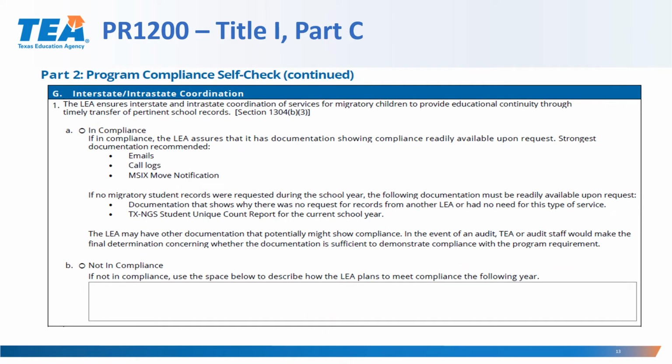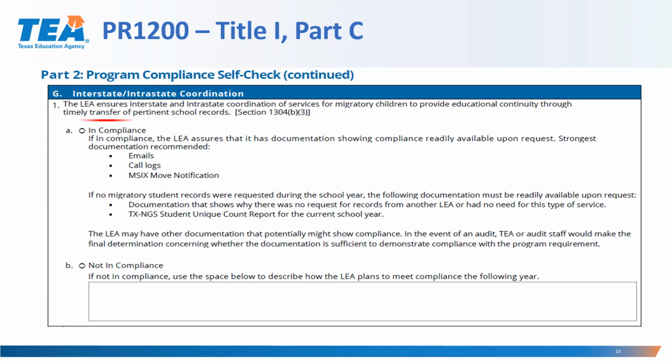Program Requirement G, Interstate and Intrastate Coordination. The LEA ensures interstate and intrastate coordination of services for migratory children to provide educational continuity through timely transfer of pertinent school records.